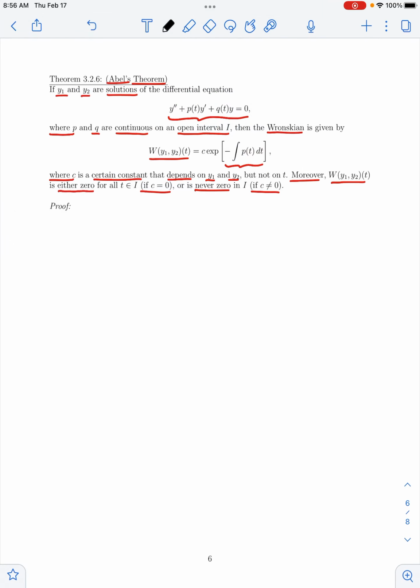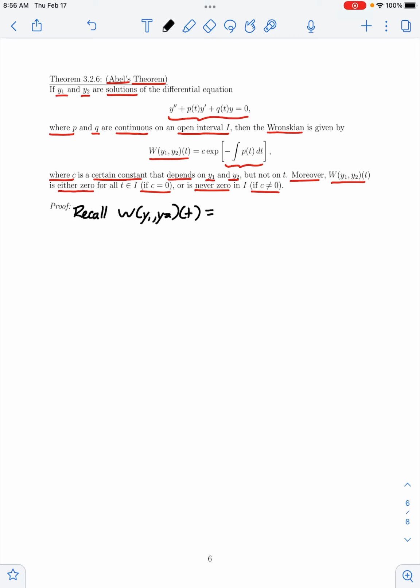So first off, let us recall what the Wronskian of a set of two solutions, y1 and y2, of a second-order linear equation is defined as.